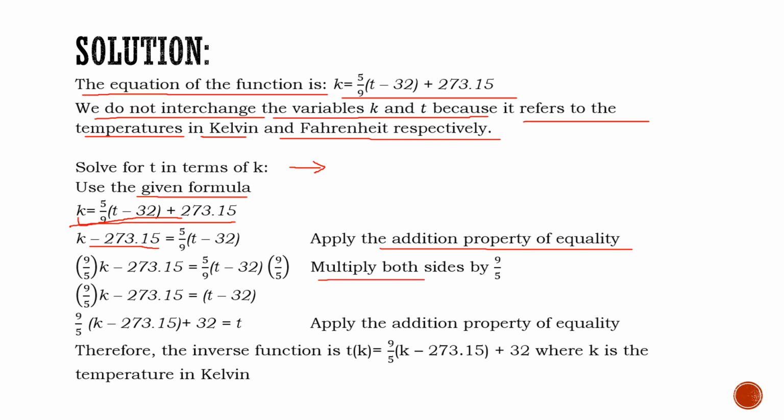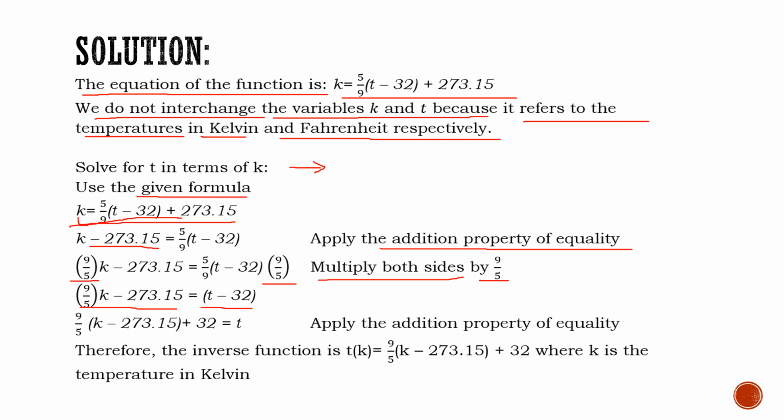Then multiply both sides by 9 over 5 to cancel the 5 over 9 on the right side, because our main goal now is to look for the value of T in terms of K. So it becomes 9 over 5 multiplied by K minus 273.15 is equal to T minus 32.